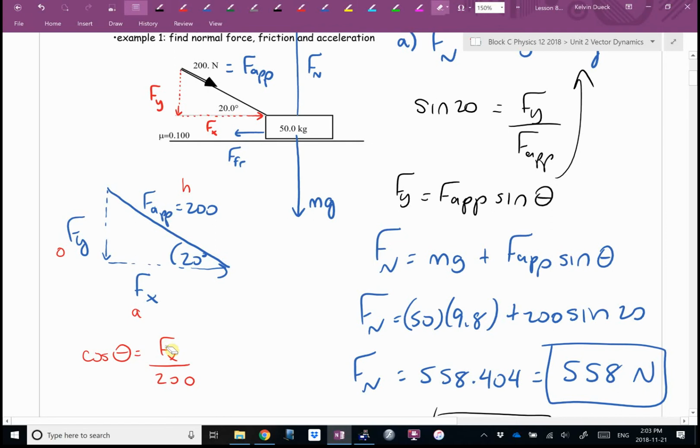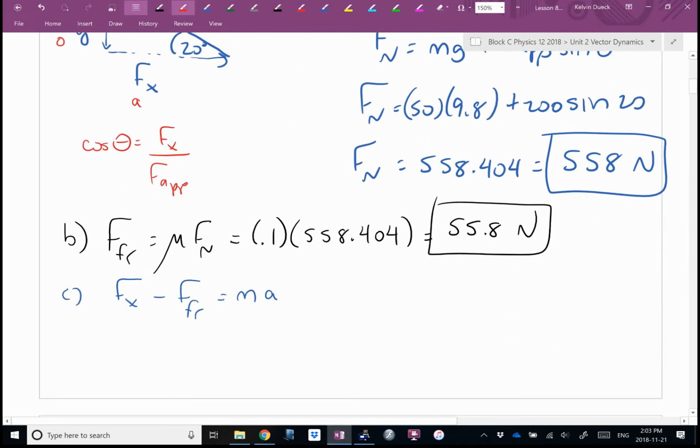Gabe, how would I get the Fx by itself? How will the 200 over? Oh, you know what? Let's generalize this. Instead of putting the 200, let's put F applied, and that way we have a one-size-fits-all. I'd multiply the F applied over. So you are correct. I can replace Fx with F applied cos theta minus.